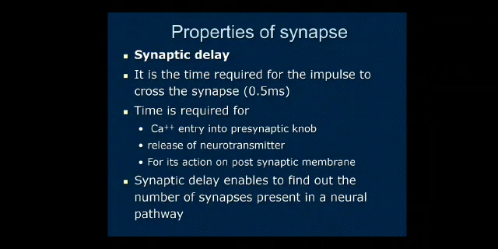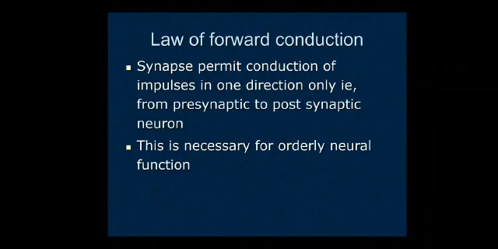All these need some time. So we call this time the delay. It is the time required for the impulse to cross the synapse. And I mentioned that by knowing the synaptic delay, scientists can identify the number of synapses present in the neural pathway.